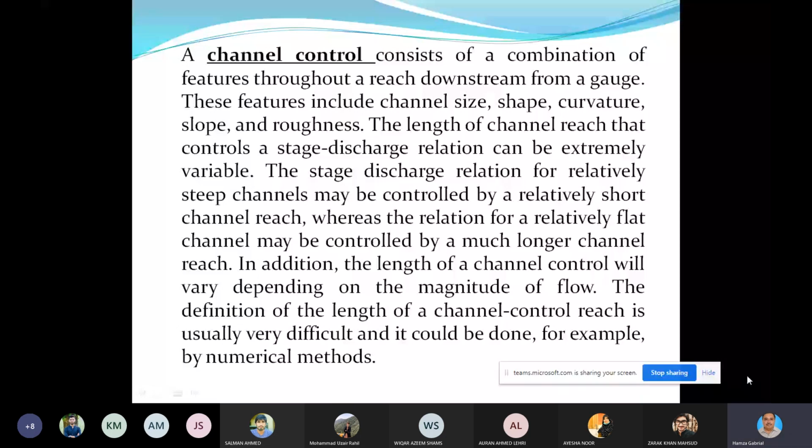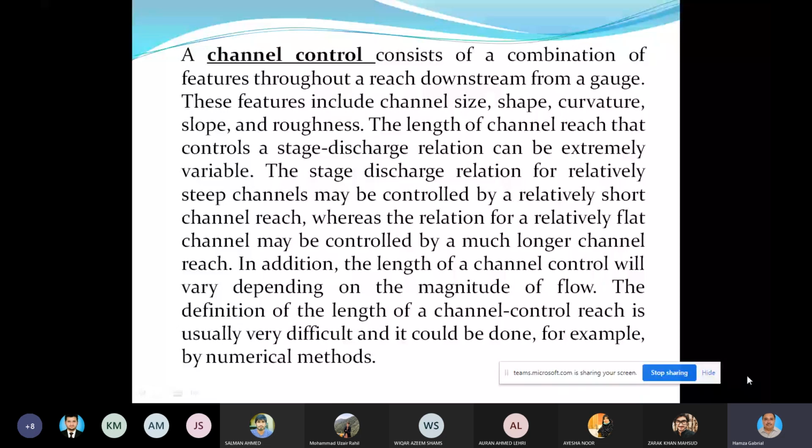How much channel reach length is controlled by the channel control is extremely variable. For example, if you have a relatively steep channel, the channel control will be a relatively short channel reach, whereas if you have a relatively flat channel, it may be controlled by a channel control of longer reach length.